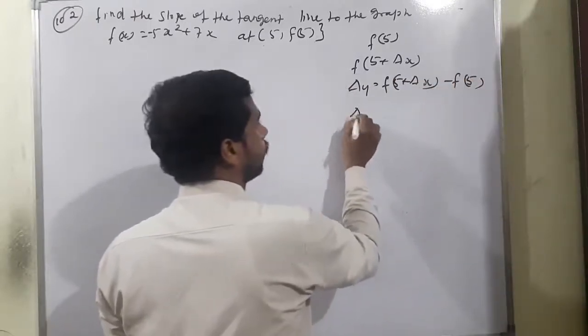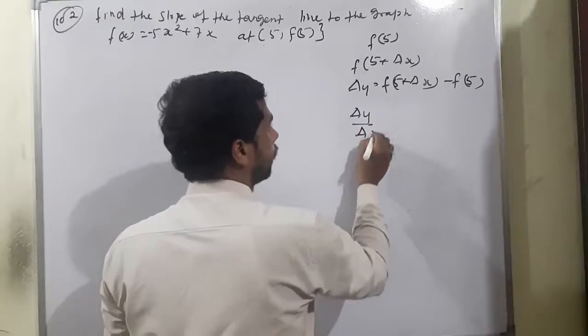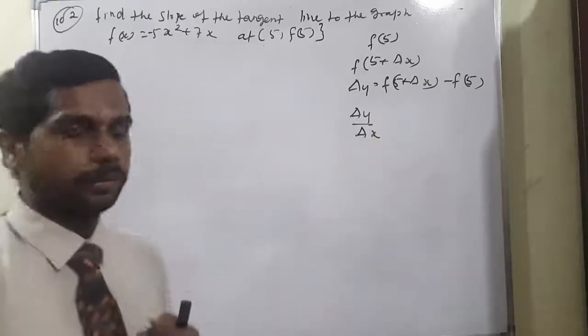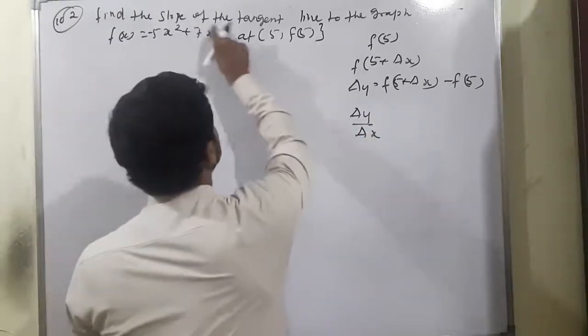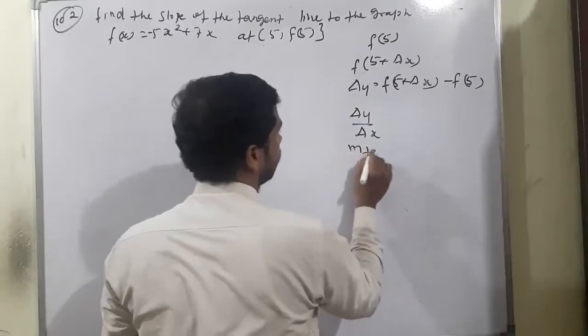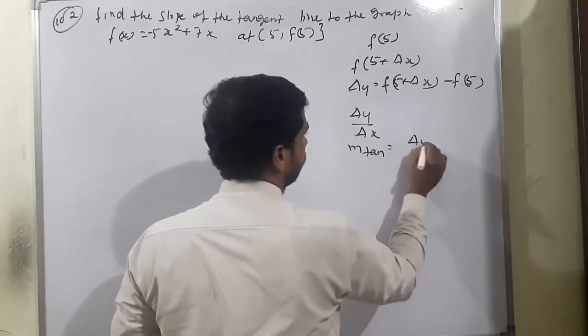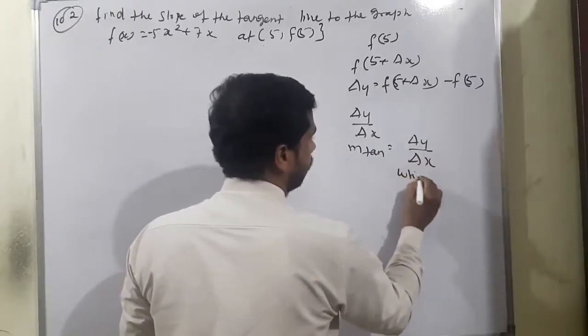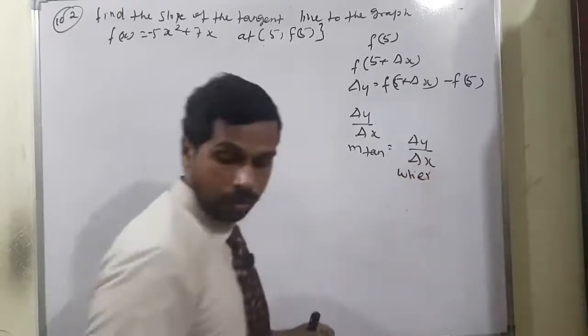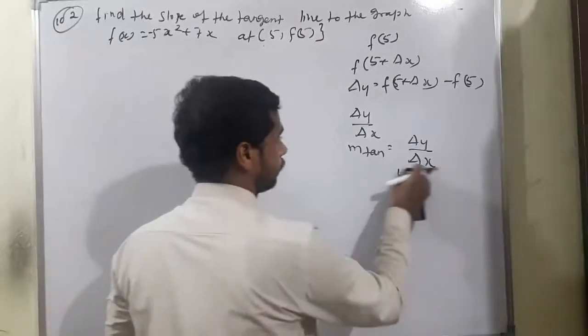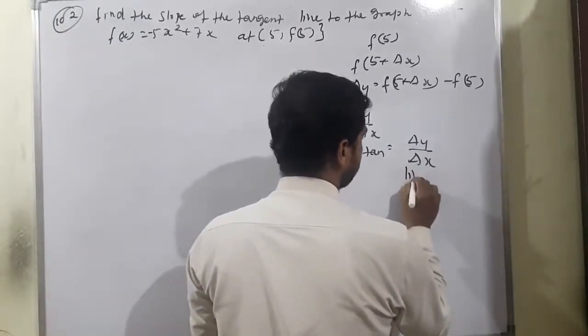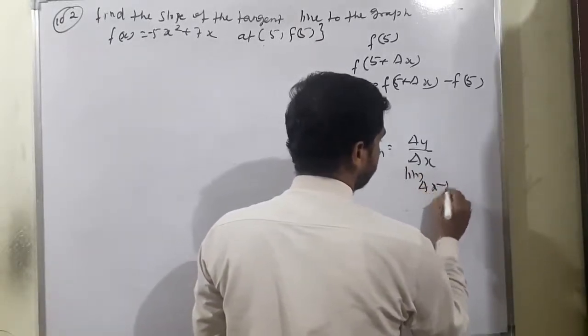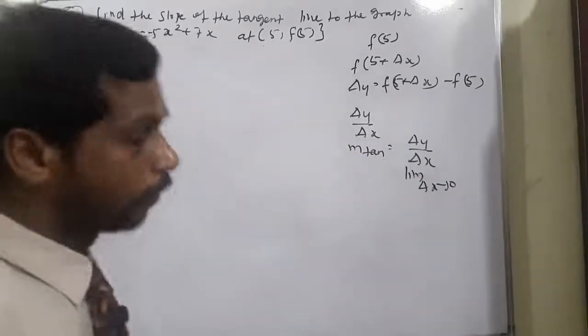Next, del y divided by del x. Then the last step, to find the slope of the tangent, m tangent is equal to del y divided by del x, where the limit is considered for del x tends to 0.